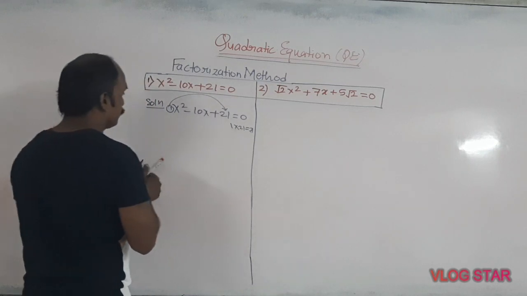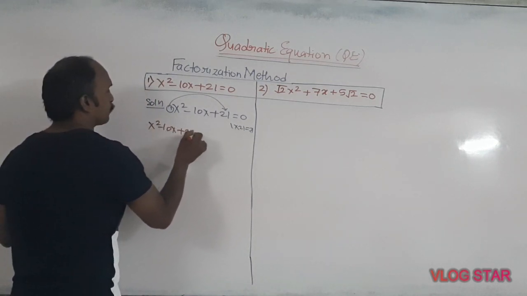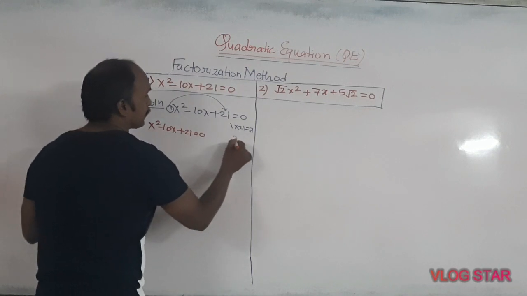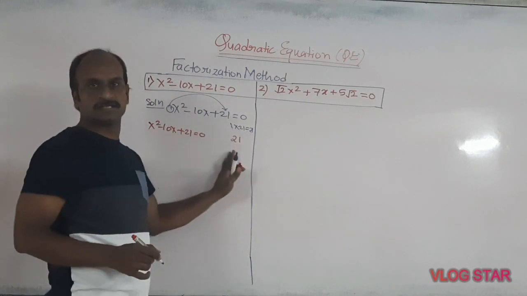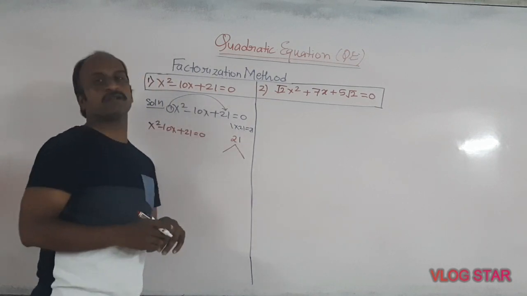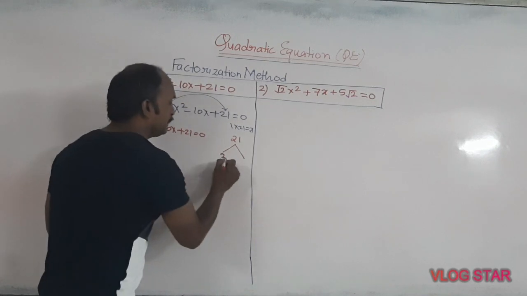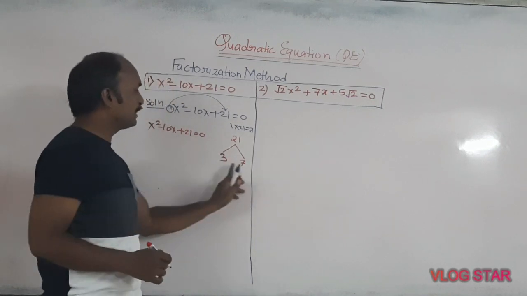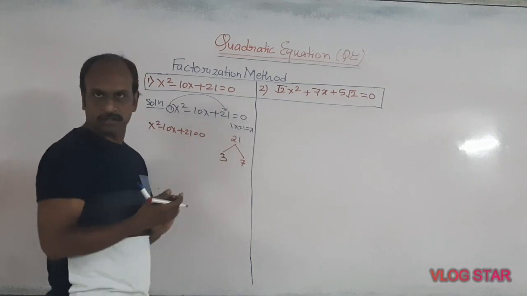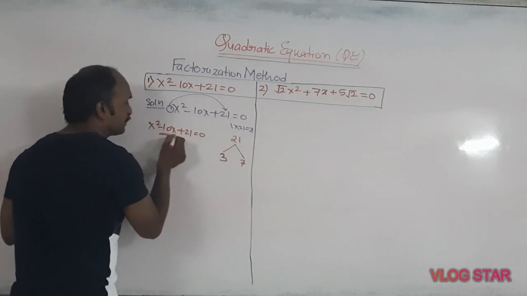So write down the number 21 at this place and find its two factors. Say for example 3 and 7. So 3 into 7, if you multiply them, you will get plus 21. But what you have to remember, you have to look at this middle term.